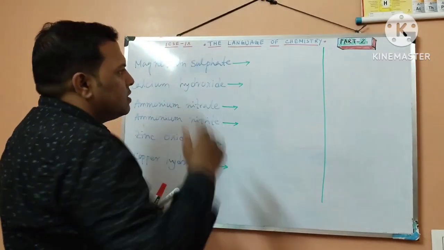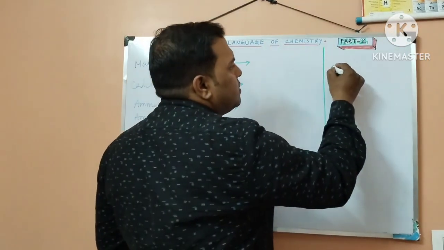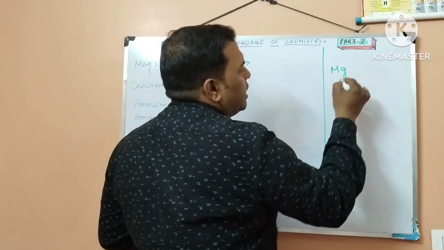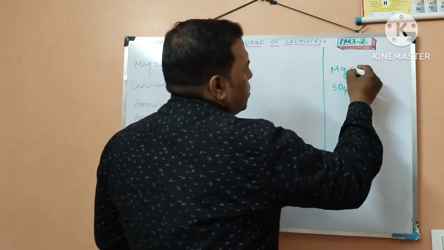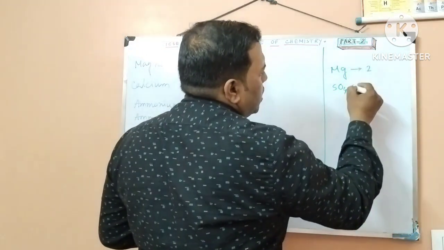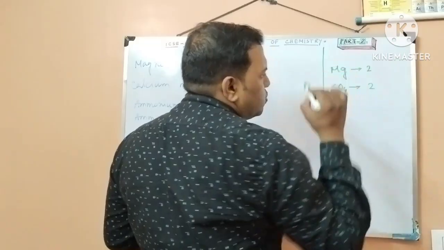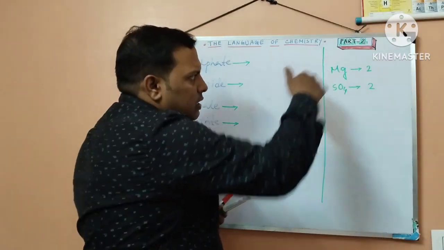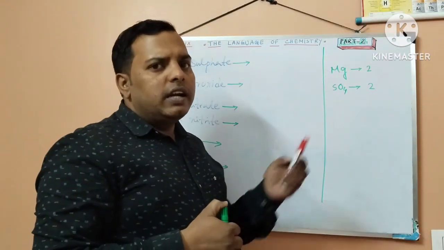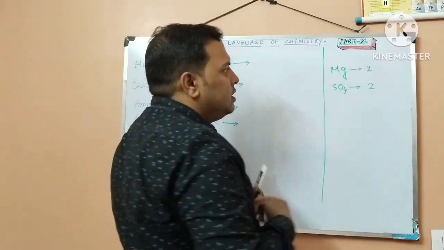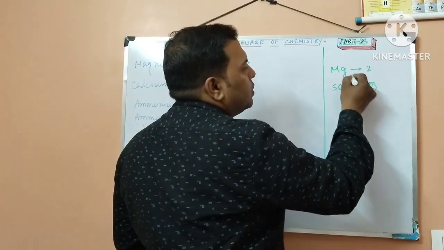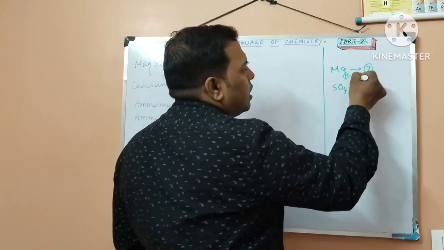First of all, come to magnesium sulphate. As I told, magnesium is Mg and sulphate is SO4. Valency of magnesium is how much? 2, and that for sulphate also 2. These valencies you have already learned from the valency chart I provided last day. So what will happen? These 2 will go there and these 2 will come here.